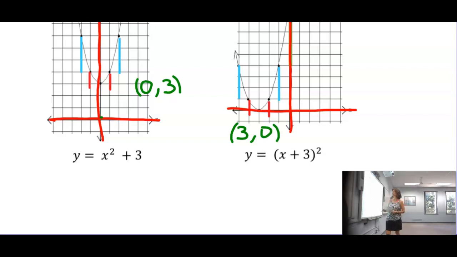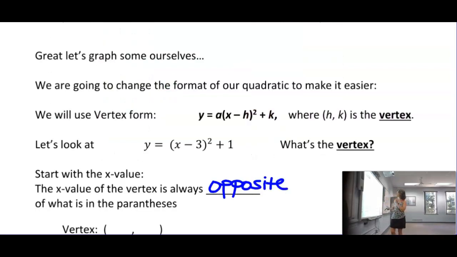Now let's learn how to find the vertex. Finding the vertex is literally just reading it off of this form. So this is called vertex form. Okay? H and K in this item here is the vertex. Okay? H and K is the vertex.